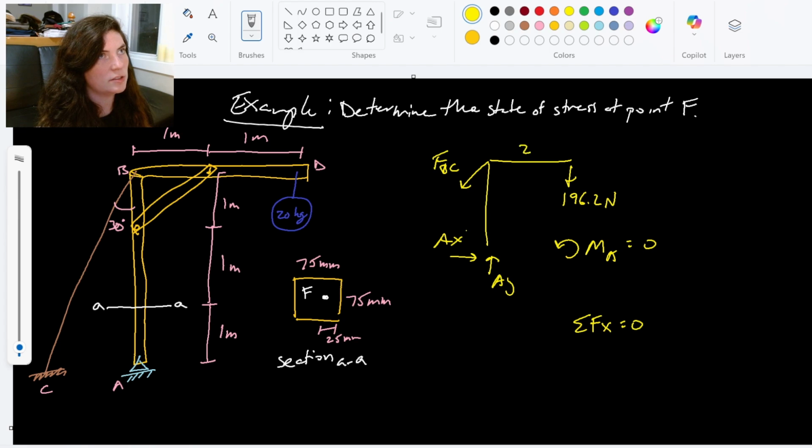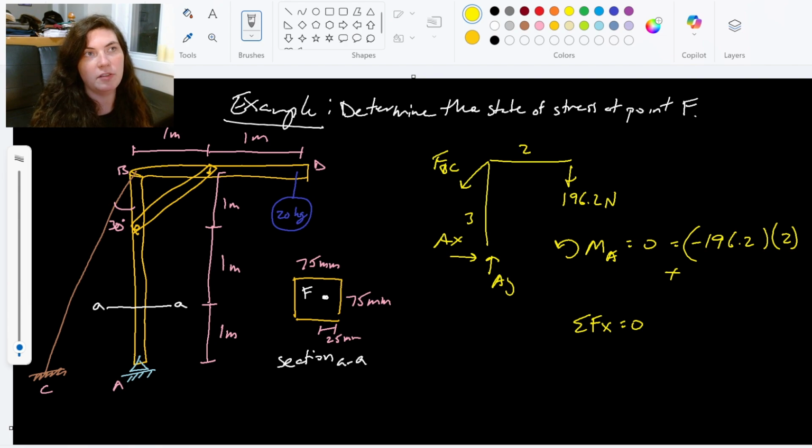Let's see, this distance is 2 meters and this distance is 3 meters. So if I take a moment about A, that'll be negative 196.2 times its distance away, 2 meters, plus just the x component of FBC, right?